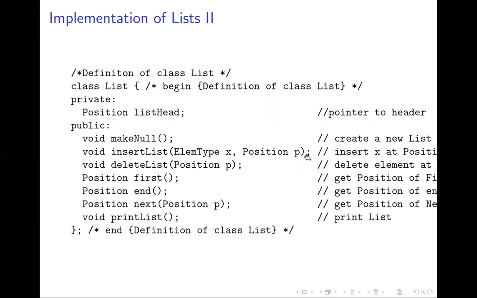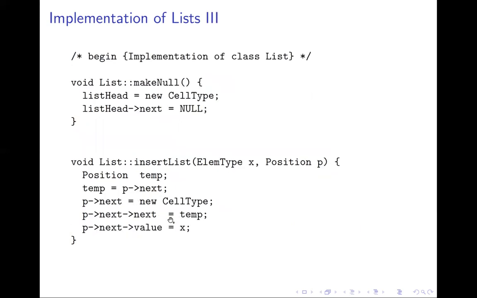Or I can insert an element X at position P, delete an element at position P, and I can get the position of the first element, the position of the last element, find the end of the list, find the next position after P, and so on. There are various operations, and I only implemented some of them over here.